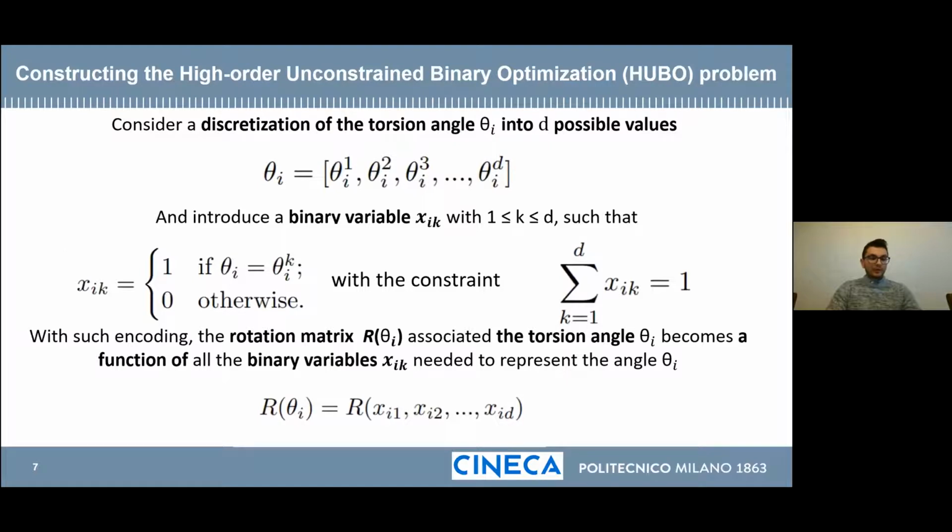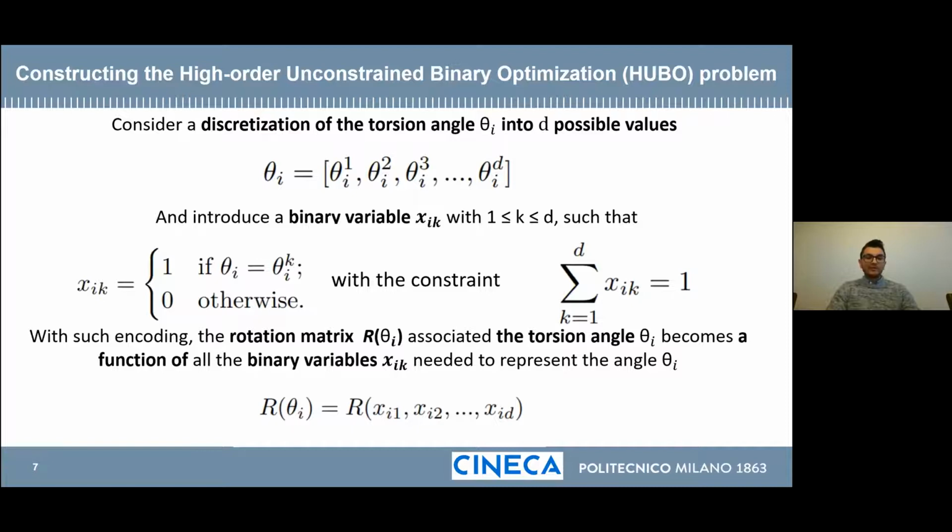So we want now to transform our problem into a binary optimization problem. The problem is inherently high order, so we will get a HUBO, or a high order unconstrained binary optimization problem. Let's consider a discretization of the angle theta_i associated to a torsional t_i into d values. This induces a discretization of the sines and cosines for each torsional t_i, again into d values.